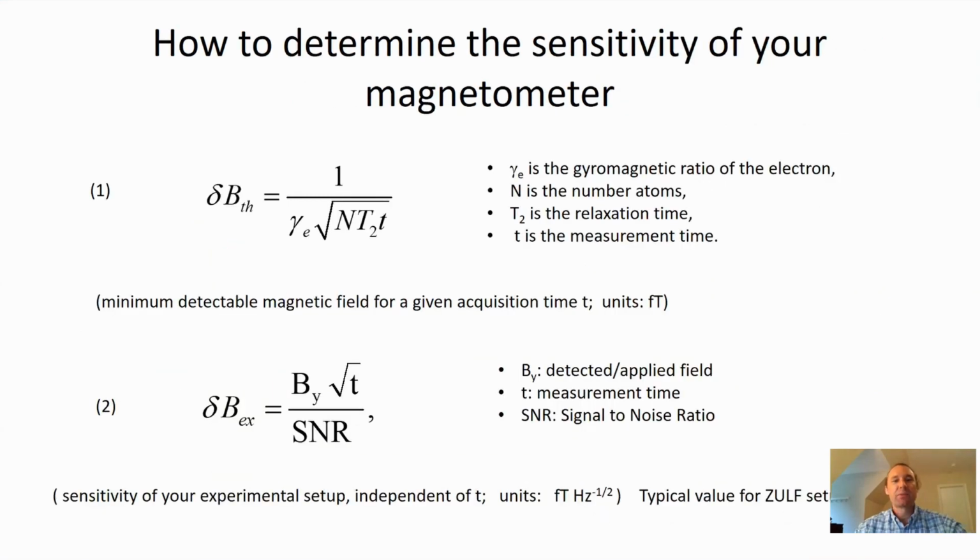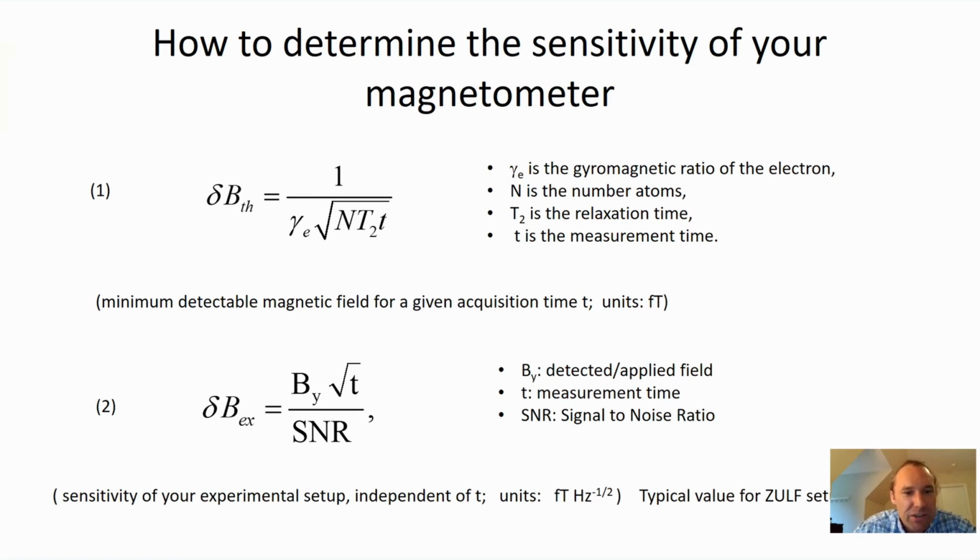Okay, I do want to come up with one equation. Of course, with Dima having established equation number 1, I need to also show equation number 1, which is the sensitivity of a magnetometer. Dima's equation number 1 is basically the minimum detectable magnetic field for a given measuring time.